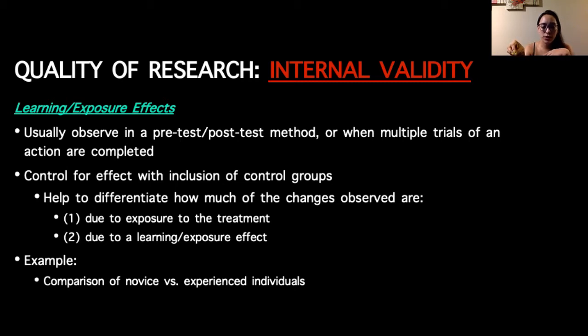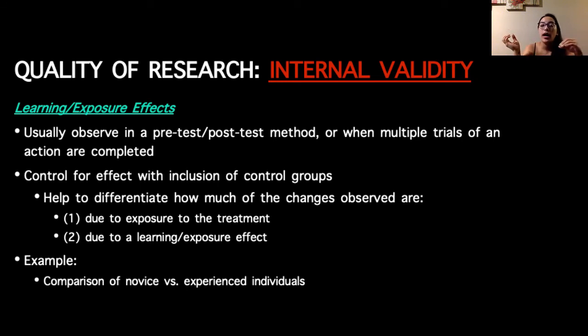Novice performers usually are going to have a very rapid improvement in performance with very, very little time elapsed. Versus experienced people, they're not going to show as big of a leap because they're more in the fine-tuning stages of that particular skill. Okay.